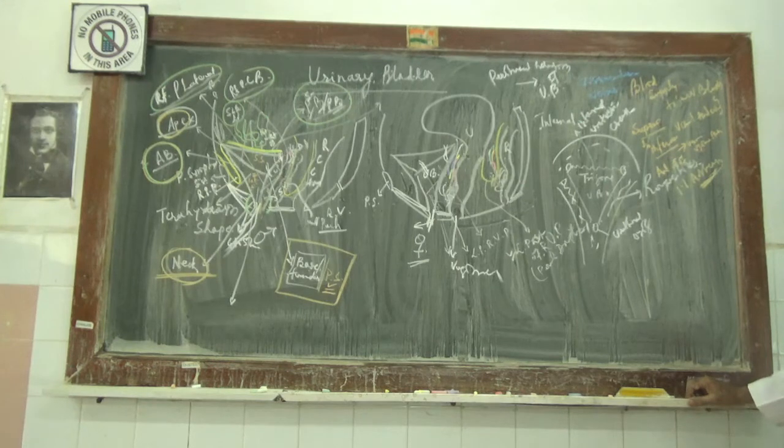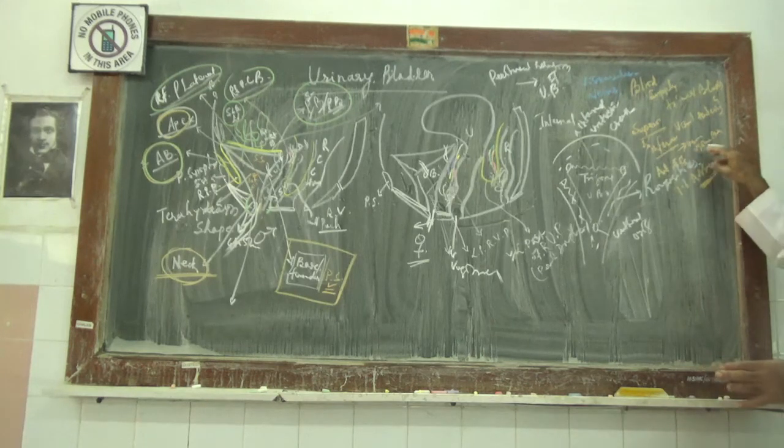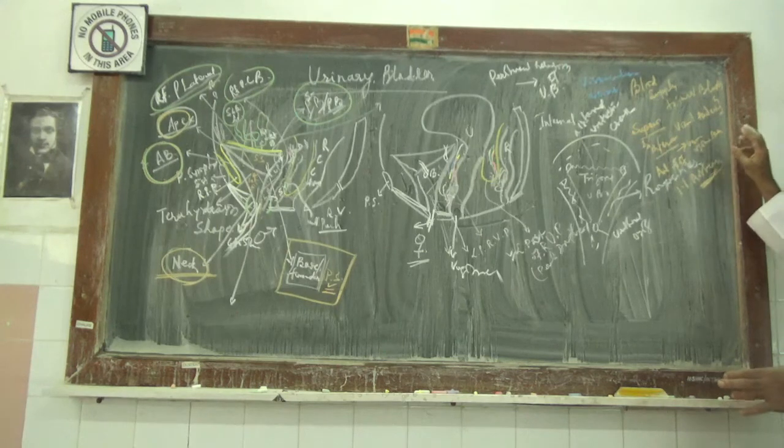In case of male, at the neck you will get prostatic veins, which drain into the inferior vesical veins partially.